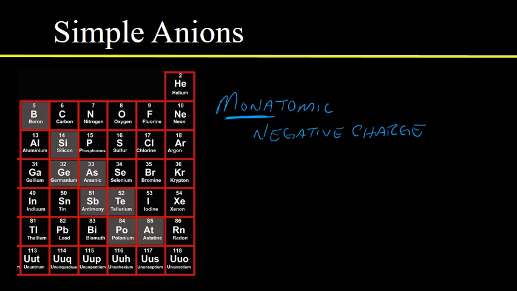Which means they've only got one atom, and if they're anions, they've got a negative charge. So again, these are things like chloride, oxide, bromide, and less common, phosphide.